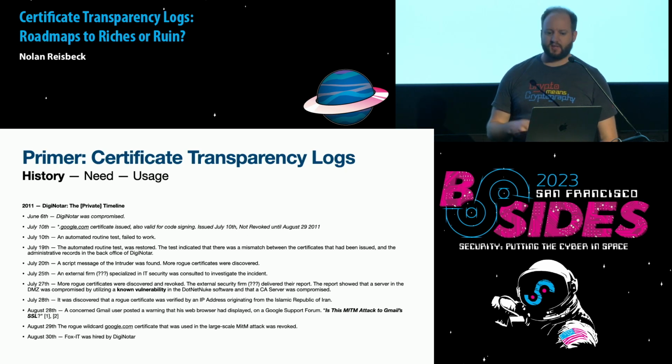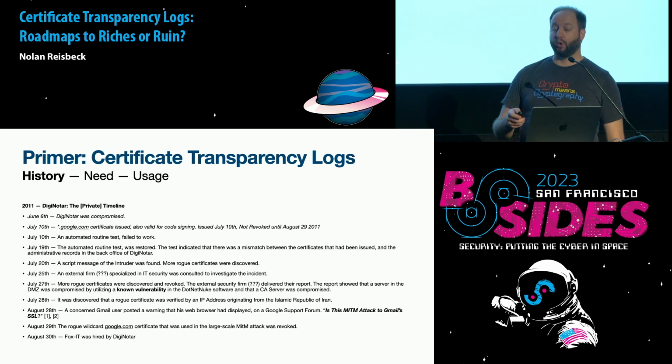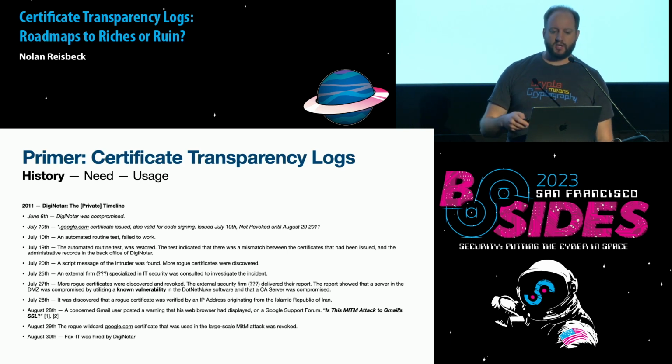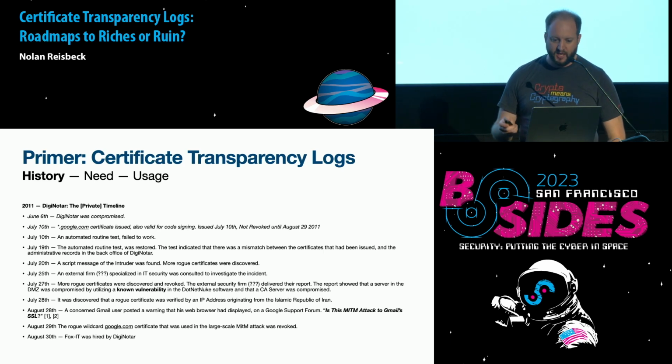On July 27th, they engaged an external security firm. The official report that was furnished to the Dutch government and everybody else on the internet never actually said who the initial firm was. I never found that out, but I would love to know.